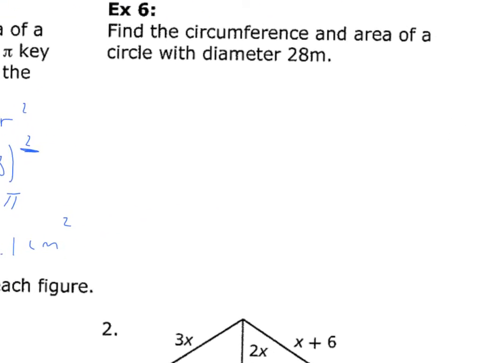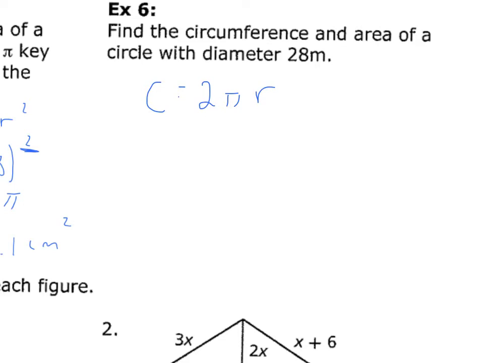It says find the circumference and area of a circle with 28 meters as the diameter. Remember, the diameter is all the way across the circle. Circumference is 2 pi r. The radius is half of the diameter, so half of 28 would be 14.